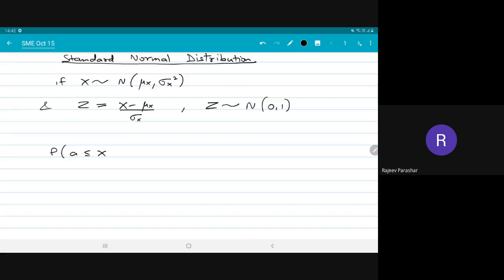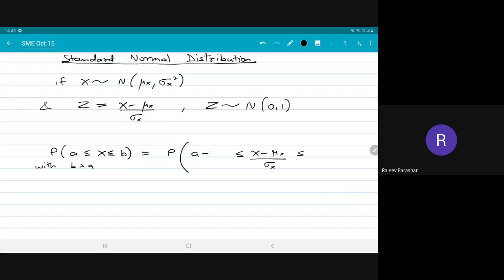If we want the probability that the random variable x takes on values between a and b, with b greater than a, we can transform this as follows. We can subtract the mean and divide by the standard deviation.